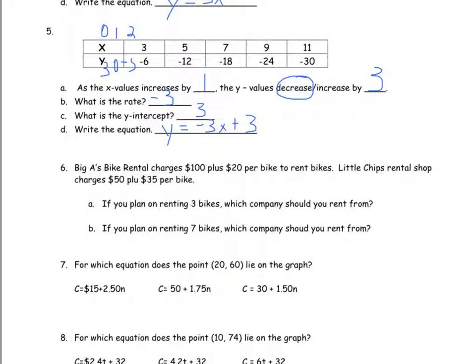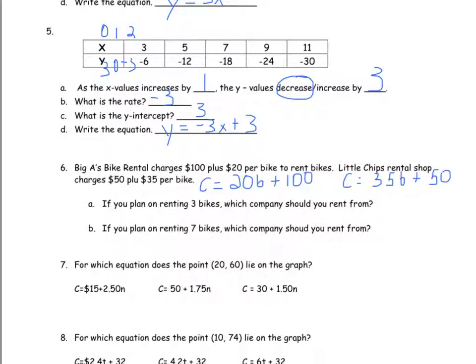Big A's Bike Rental charges $100 plus $20 per bike to rent bikes. Little Chip's Rental Shop charges $50 plus $35 per bike. Alright, so for A, if you plan on renting 3 bikes, which company should you rent from? So let's figure out the cost per bike rental.